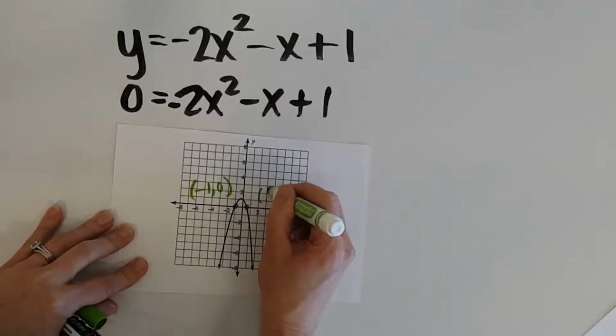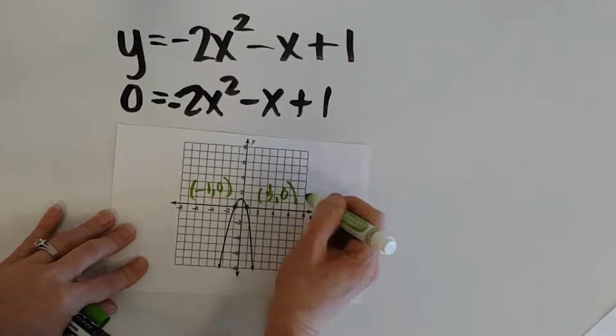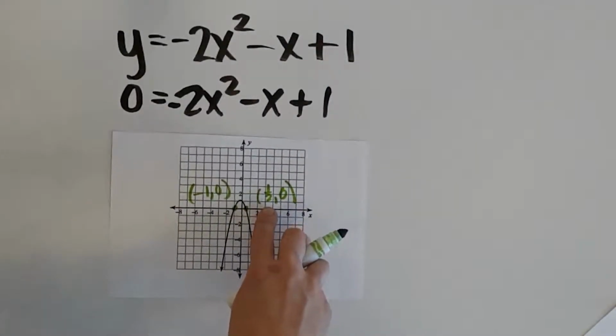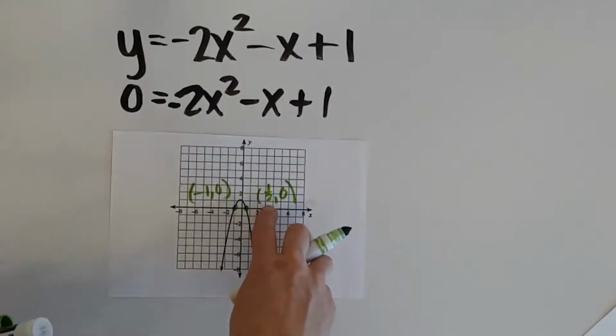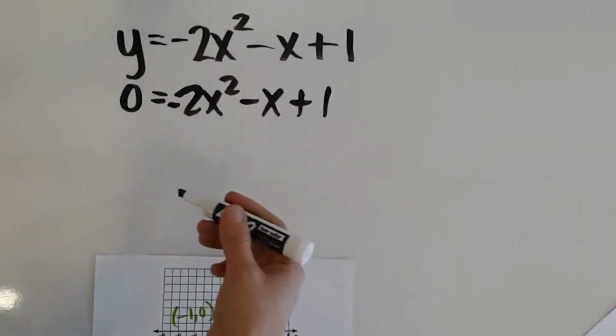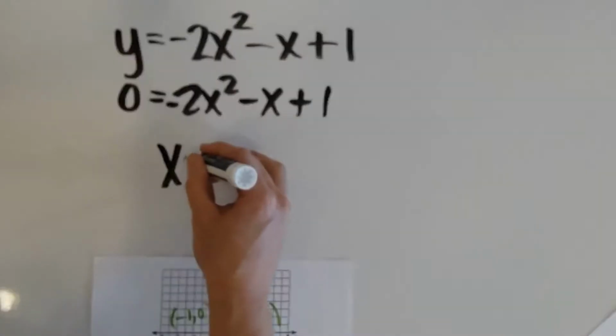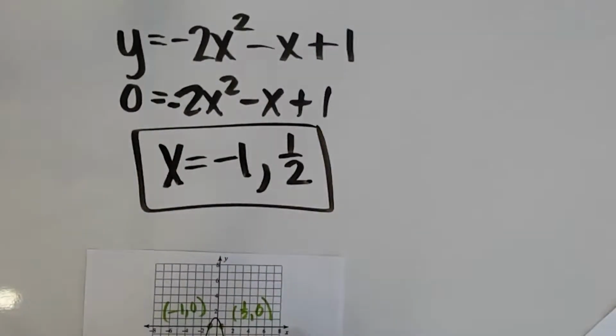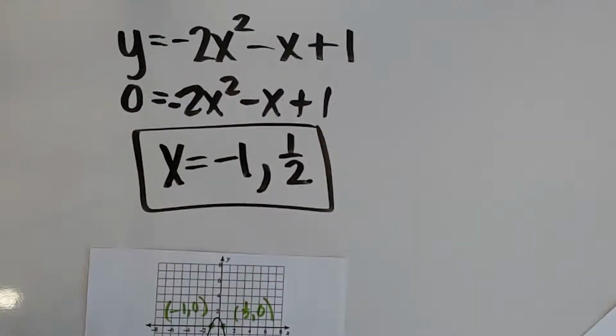Now that looks a lot like 1/2. We'd have to solve it algebraically to be 100% sure, so we could solve by factoring or with the quadratic formula. But our solutions, according to the graph, which I did solve by factoring and it is correct, would be -1 and 1/2.